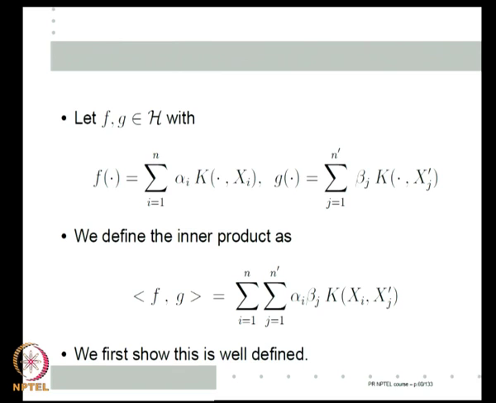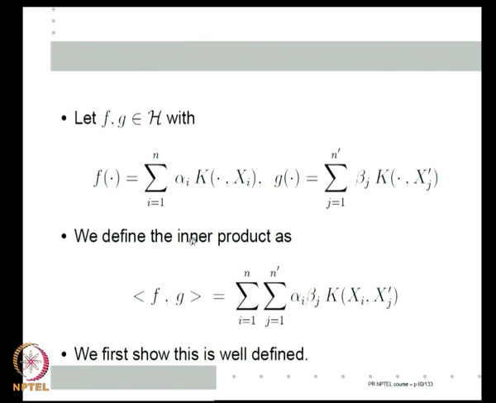What do we mean by well defined? When I say elements of H are finite linear combinations of kernel functions centered at points x, this function f at argument x is the sum of alpha_i k(x, x_i). Given a function f in H, there may be more than one way of writing it as a linear combination of kernel functions.